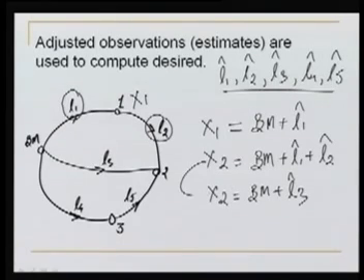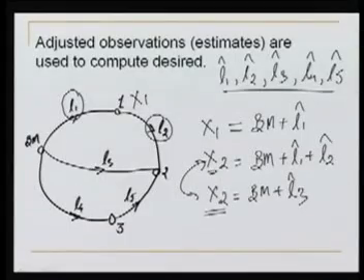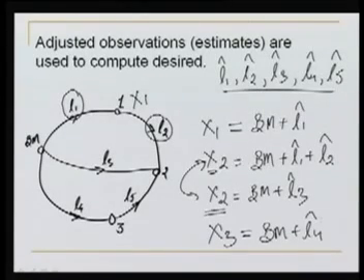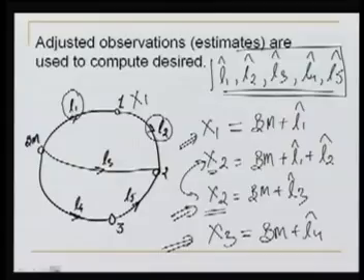Now in this case, these two x2 will be the same, because in our least square solution, this functional model has been taken into account. So whatever the way we find the value of x2, both values should be the same if our solution is correct. Similarly, we can also determine x3 as benchmark plus L4 hat. So our desired quantities can now be computed if we know these estimates. So this is the method of condition equation.